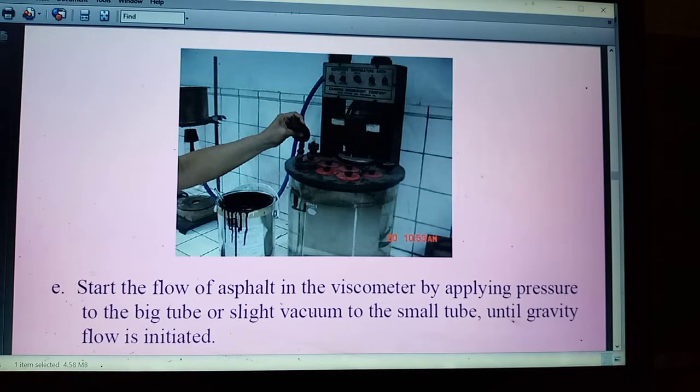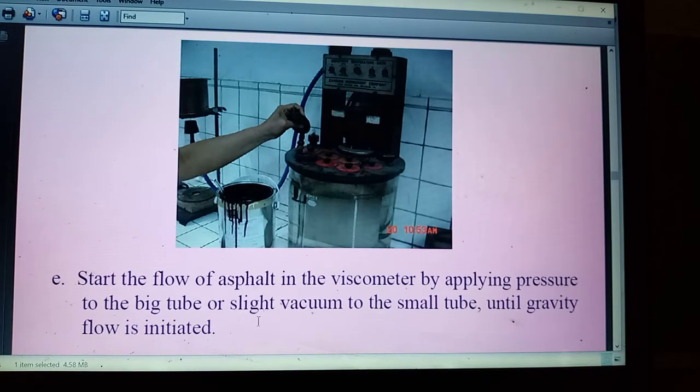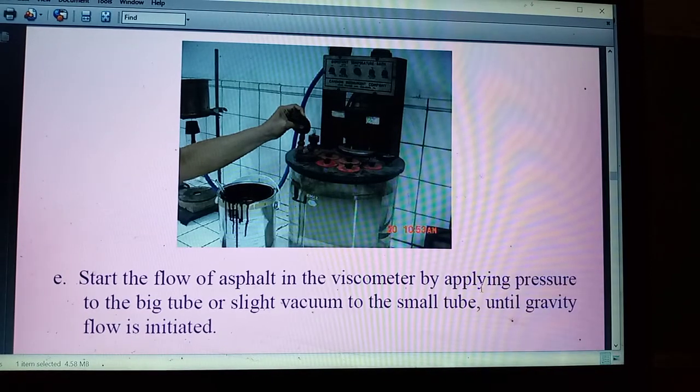So, or slight vacuum. So, pwede ka rin mag-vacuum doon sa small tube. But dito, sa picture na to, yung ginamit niya, nag-apply sa doon sa big tube until gravity flow is initiated. So mag-apply ka hanggang sa parang tumulo na yung asphalt mo.